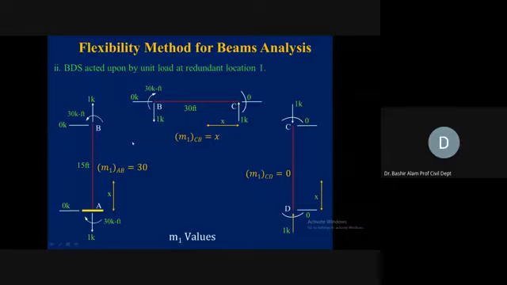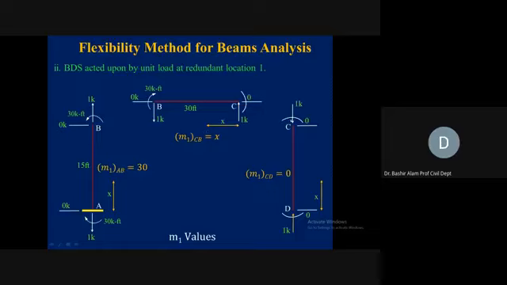Now let's put BC in equilibrium. 1 kip in the downward direction, 1 kip in the upward direction at C. Summation of Fy is satisfied, horizontal is 0. Moment: 30 kip-feet clockwise, and 1 times 30 causing counterclockwise, so 30 minus 30 is 0.